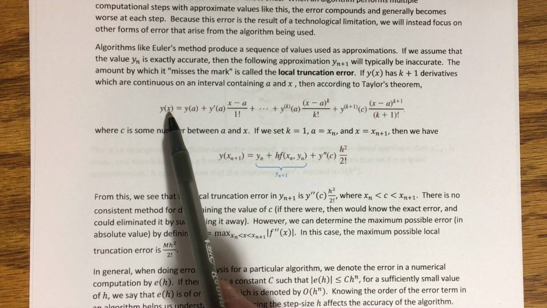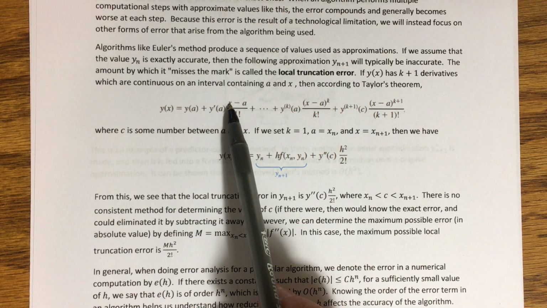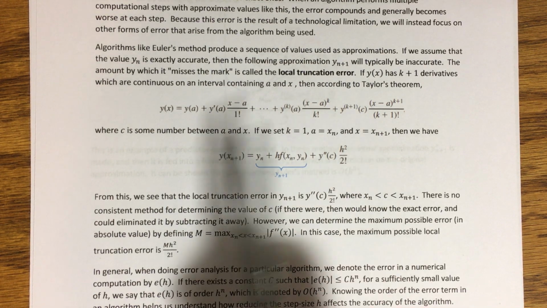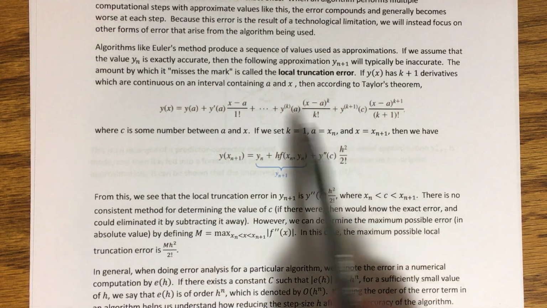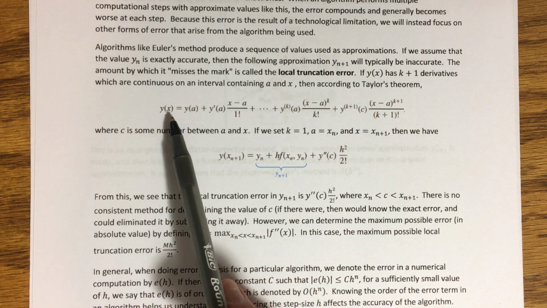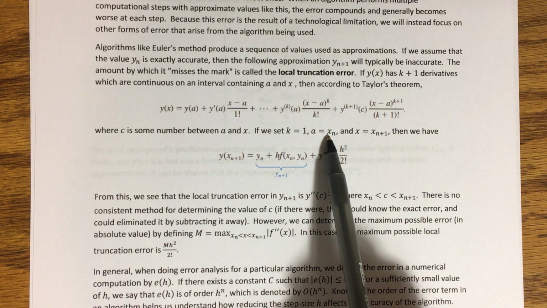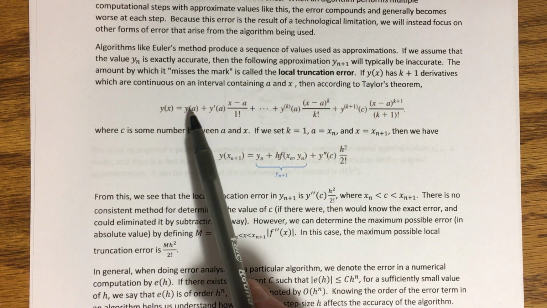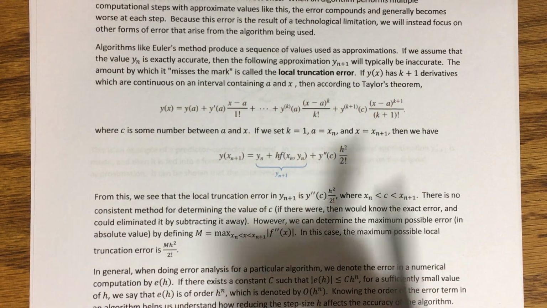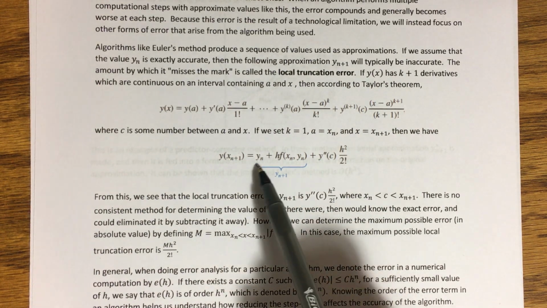I'm plugging that in here. That's the only place that x appears. Well, actually, it also appears in these values up here. But y of xn plus 1 would appear there. y of a, we're setting a equal to xn. So this would be y of xn, which using the notation that we talked about back in Euler's formula, we call yn.